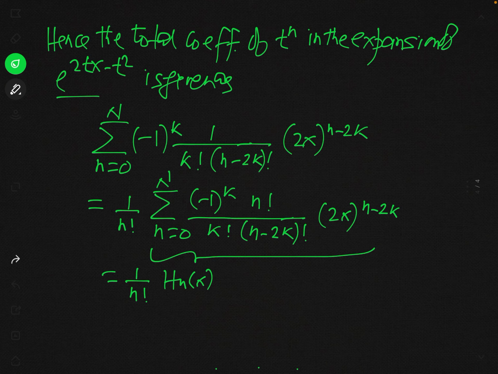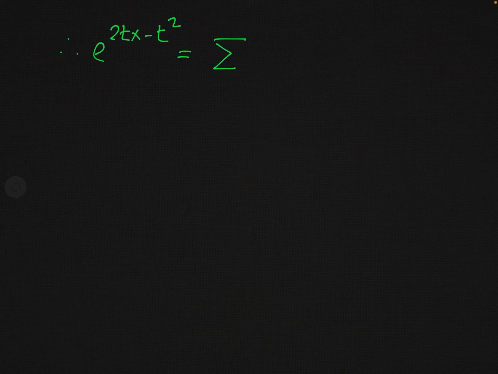So we can now write that the function e raised to the power 2tx minus t square is equal to summation n from 0 to infinity of t raised to the power n over n factorial times Hn of x.